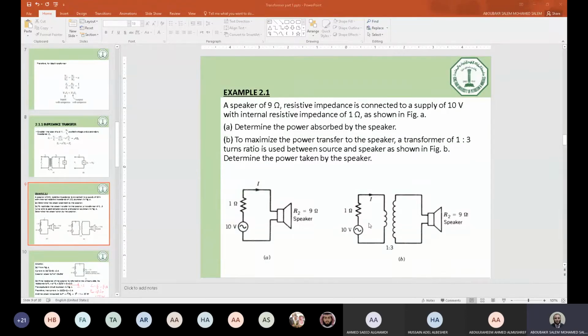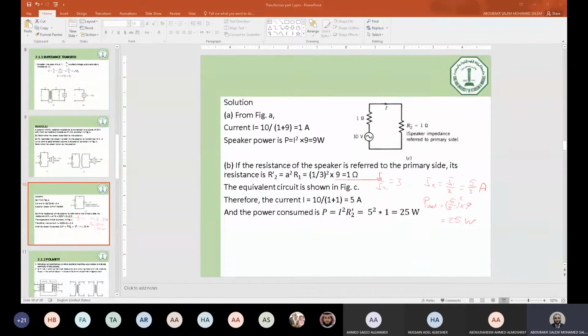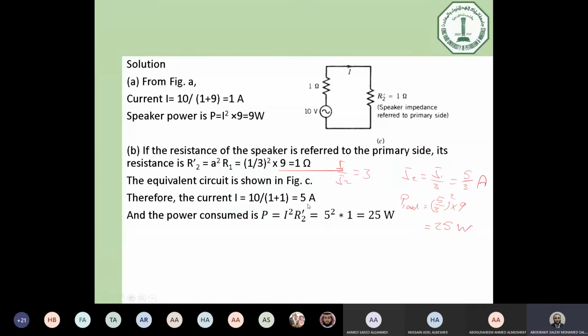Now the power can be calculated as P equals I squared R. So this is the current, 5 amps, and the power is I squared, 25, multiplied by R, the reflected resistance, which is 1 ohm. So this is 25 watts.